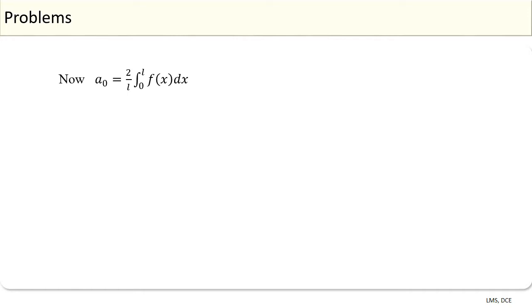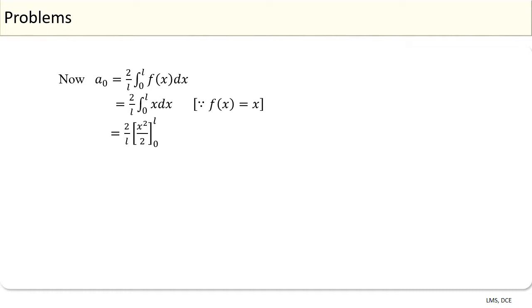Here f of x is equal to x. Therefore, a0 is equal to 2 by l of integral 0 to l x into dx. On integration, we have 2 by l of x square divided by 2 to the limit 0 to l.